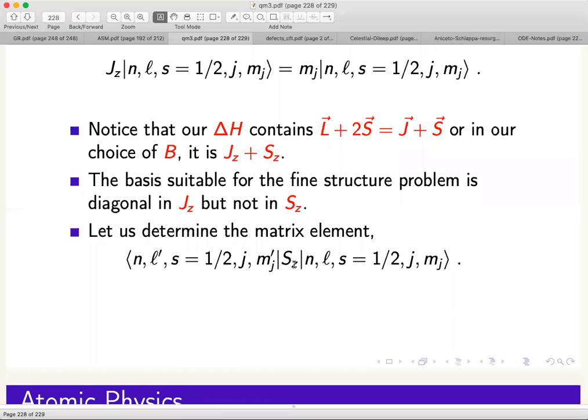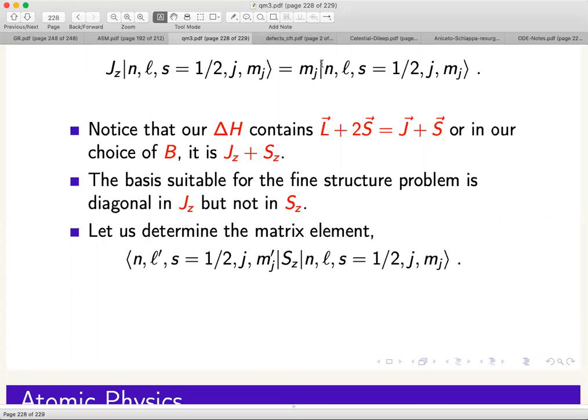The overlap of an ML-MS state with this state is just the Clebsch-Gordan coefficient. So you get two Clebsch-Gordan coefficients times the matrix element of Sz. Therefore you should be able to compute this matrix element by just making a change of basis.